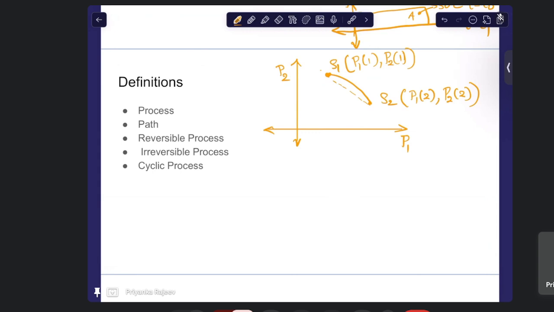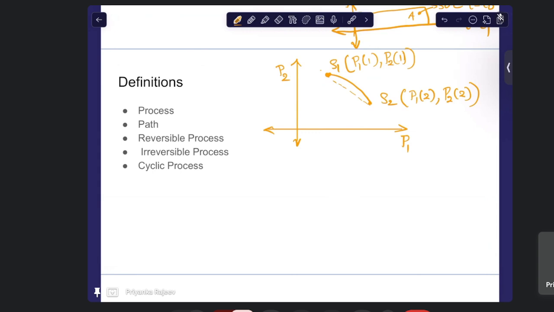So this is called a process. Process means there is some change that has happened to the system. The system went from state 1 to state 2, initial state to final state, and that transformation is shown using a process.